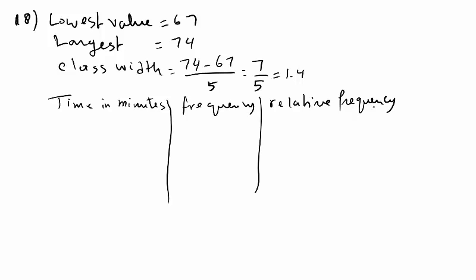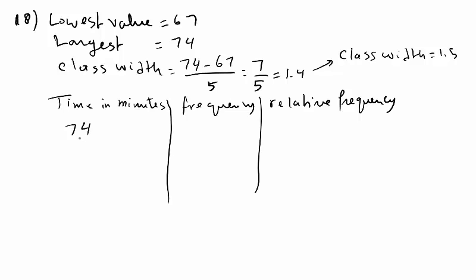Okay, so the smallest number we said is 74. The class width we said we're going to use 1.5. On the test I would like you to use 2. It will work, but for this particular problem it wasn't going to work.